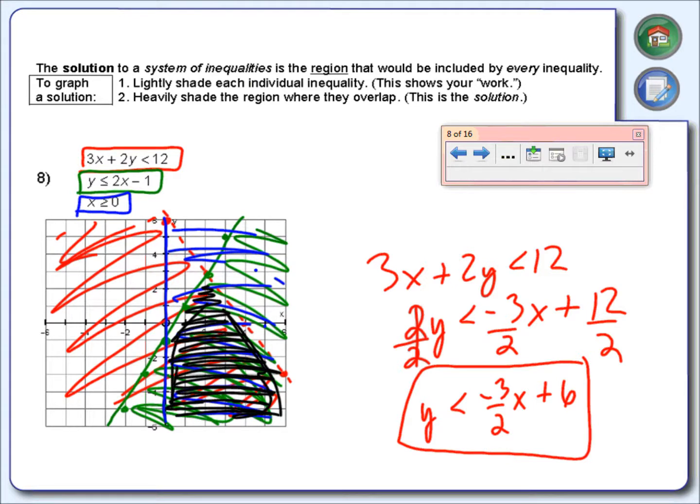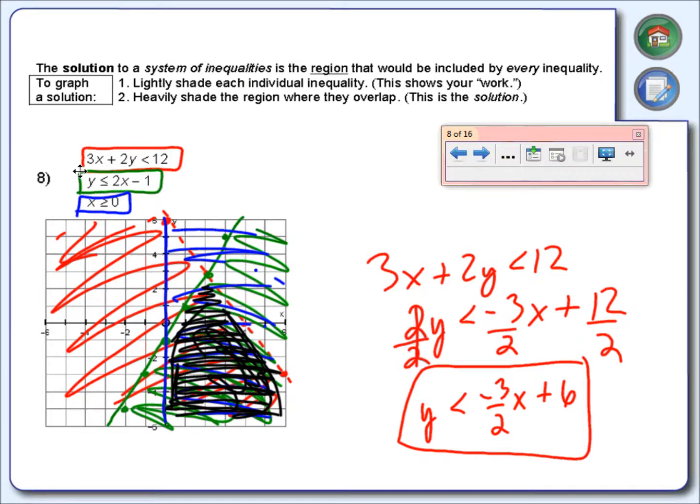This is where all three intersect or meet. So that darkened area is going to be where all the solutions are to all three of these inequalities. It satisfies all three. Anything that's not within that shaded area would not satisfy all three inequalities. Might satisfy one or two of them, but not all three.